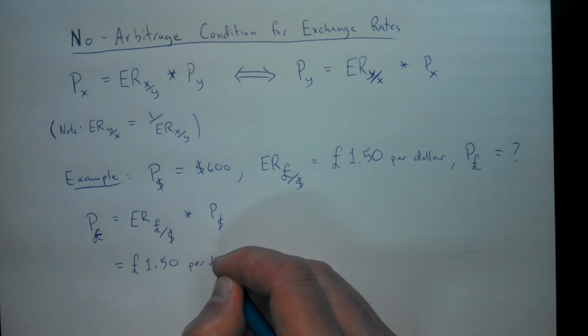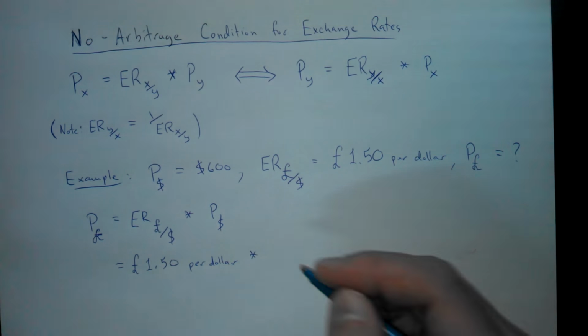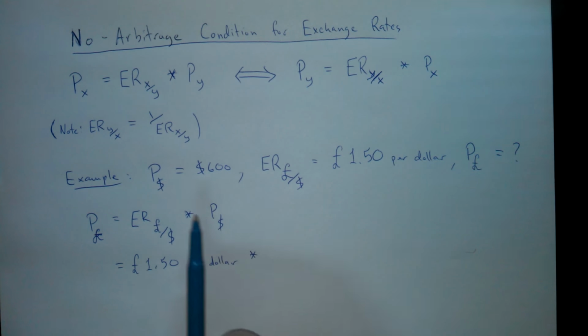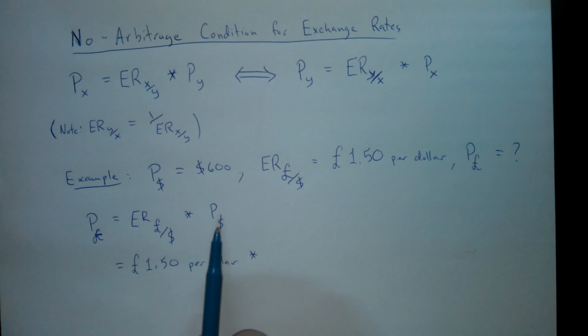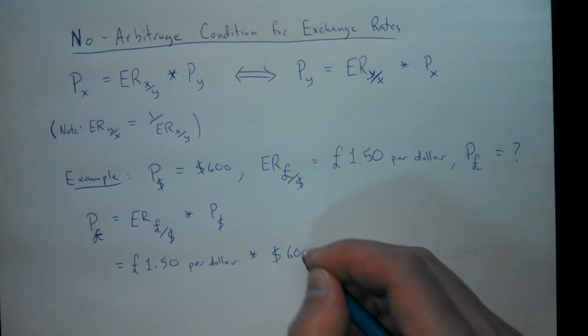I'm being careful to include all my units here, pounds per dollar, because we'll see that the units cancel in a moment. And the price in dollars is $600.